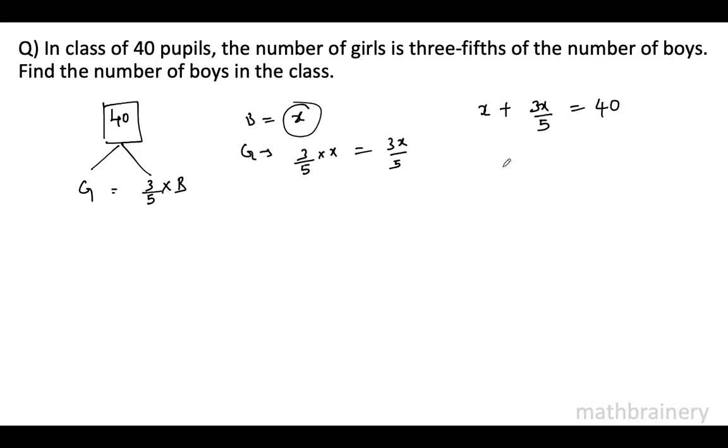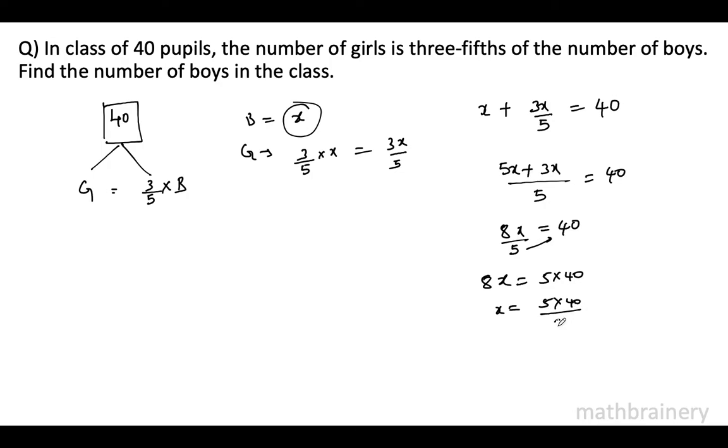Let's simplify this now. You get 5x plus 3x by 5 is equal to 40. 8x by 5 is equal to 40. So what is 8x? Let me cross multiply this. x is equal to 5 into 40 divided by 8. 8 5s are 40. 5 times 5 is 25.